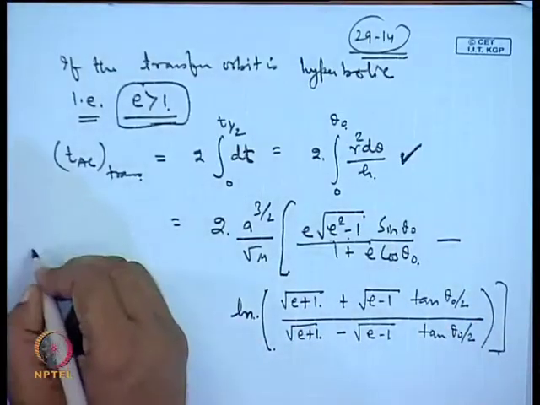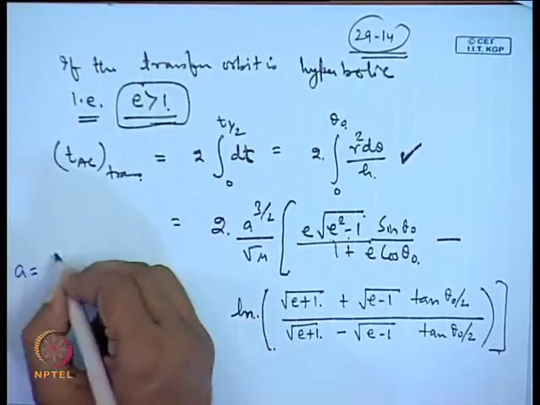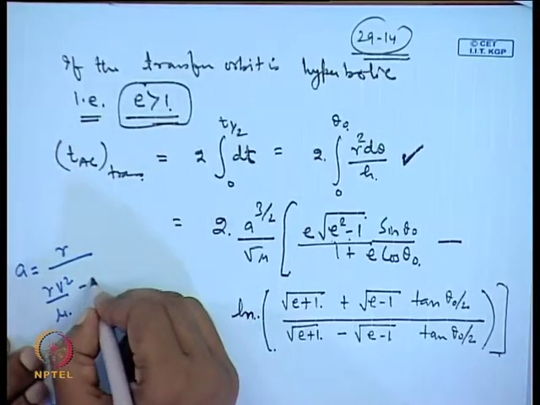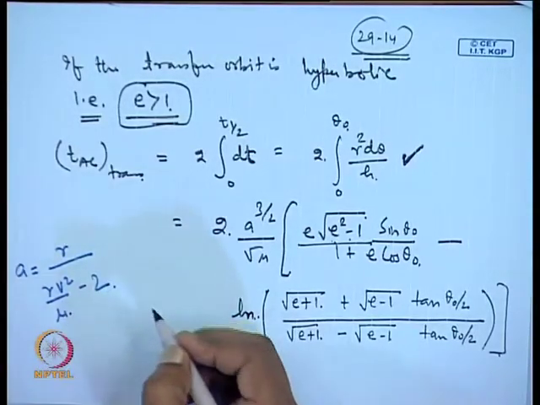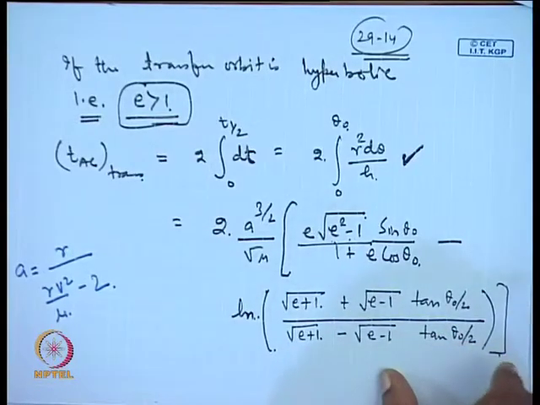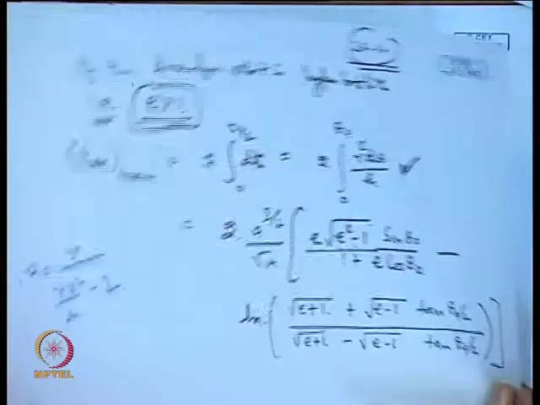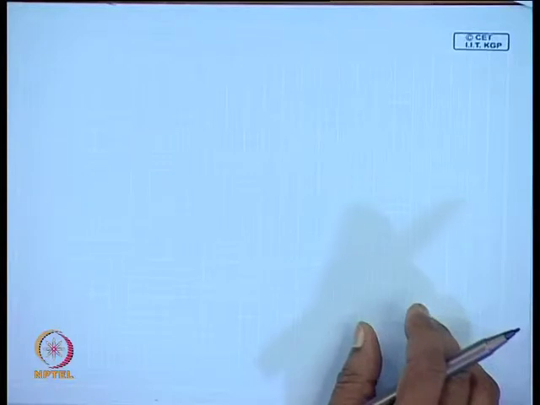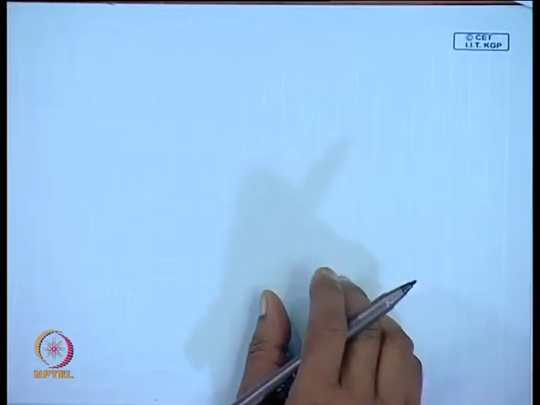And for the case of hyperbola, A will be r divided by r v square by mu minus 2. Okay, once we have done this, so here the quantity r v square by mu, we can work it out in the next lecture, because time is getting short.